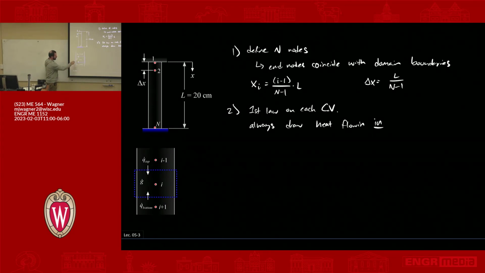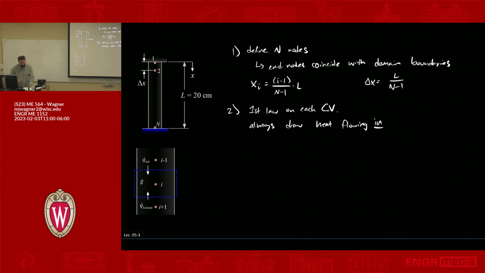You have thermal generation. And let's say we had something with the surroundings, which we're not modeling here, we draw it flowing into that node. The reason we do that is it really helps us with bookkeeping. We have to repeat this process for every single node. So ultimately, we just have to make sure that the sign we write in our equations matches the direction of the arrow, and everything will work out. It helps with writing the equations, with bookkeeping, to have everything drawn in. Okay, so just remember that, flowing in.